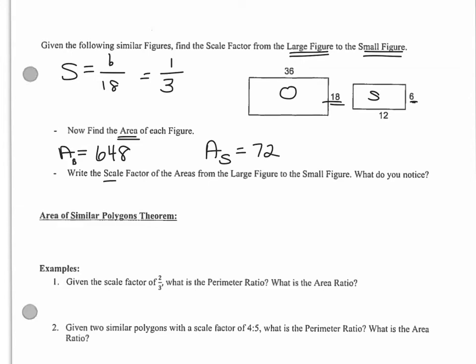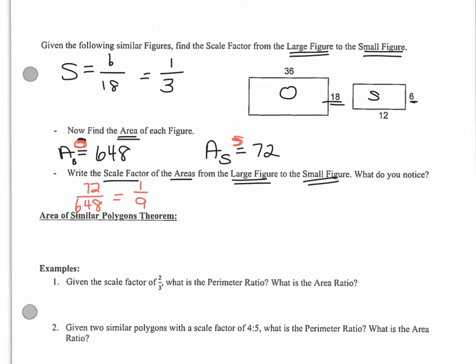So now it says, write the scale factor of the areas from the large figure to the small figure. So my large one is the original, and small is my scaled. So scaled over original, I get 1/9.